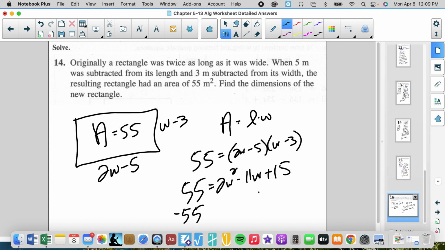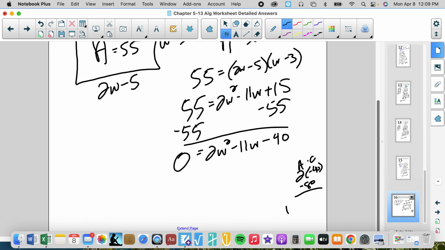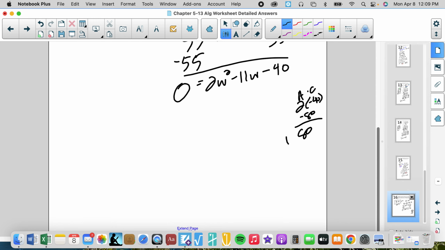Let's set it equal to 0. 0 equals 2w squared minus 11w minus 40. No common factor. However, a is more than 1, so we do a times c, not factors of 40. Negative 40 times 2 is negative 80. So we have 1 and 80.